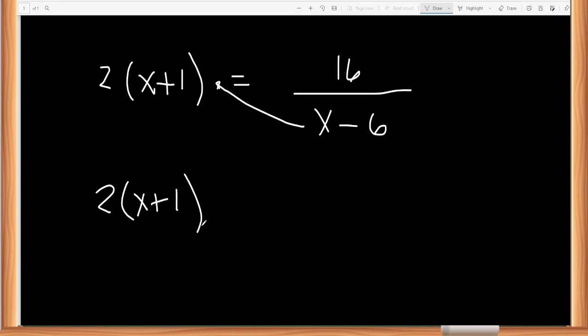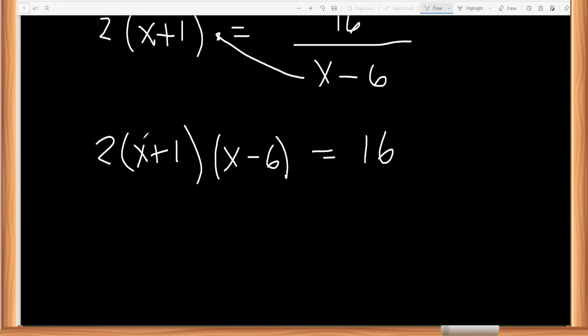So, kung sino may sagot, pwede kayong sumagot, i-forward nyo lang sa akin. So, we have x minus 6. Multiply mo lang dito, sa kabila. Iakyat mo siya dito. Cross multiply, and then equal to 16. Okay. So, dito pa lang, pwede mo nang i-multiply. Dalawang binomial, i-multiply mo. So, that's 2 times, you have x times x is x squared.